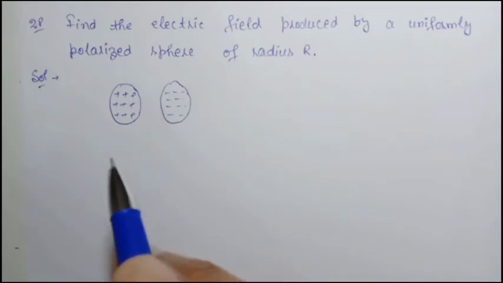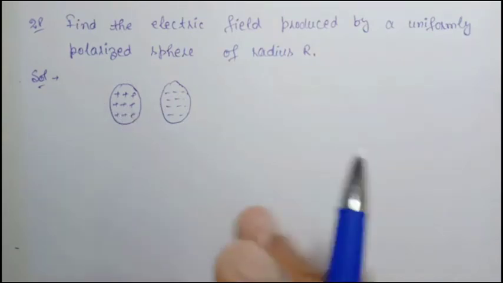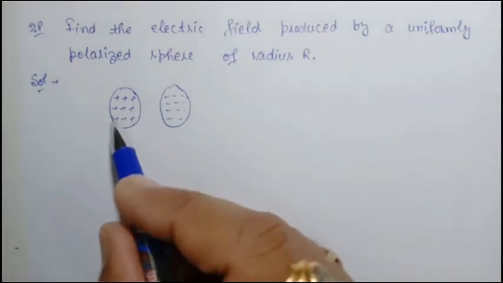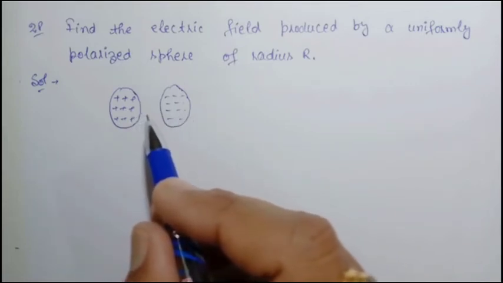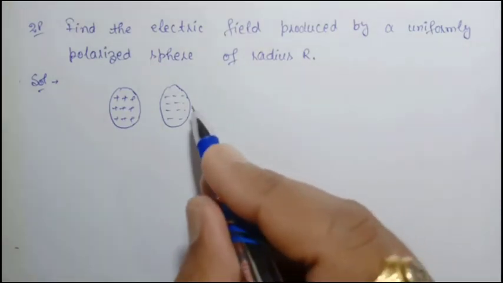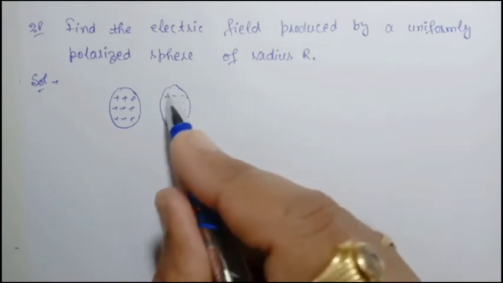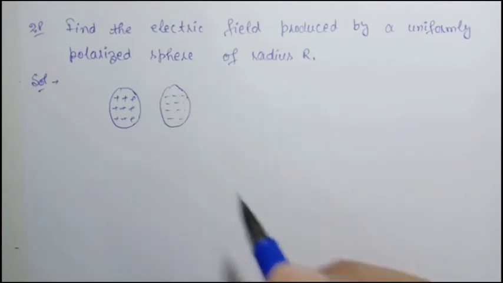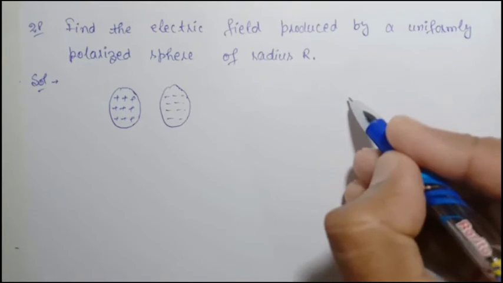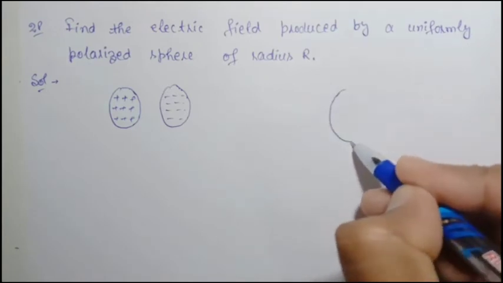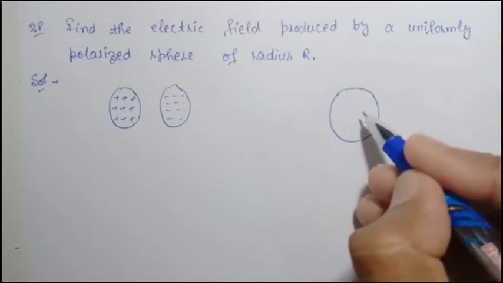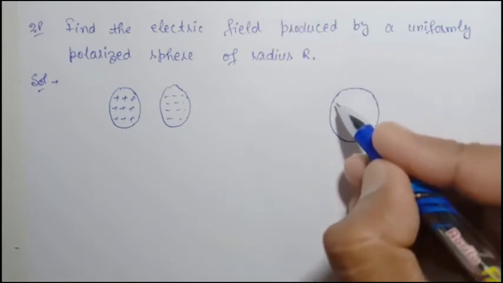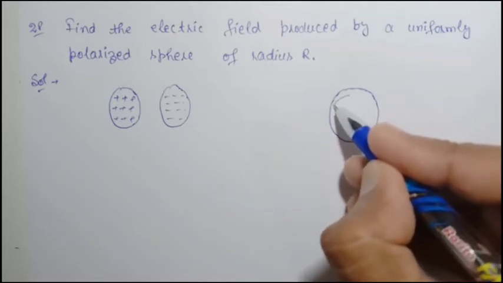But when the material is uniformly polarized, when these two spheres are polarized and we superimpose them, here we have one condition, that is uniformly polarized.